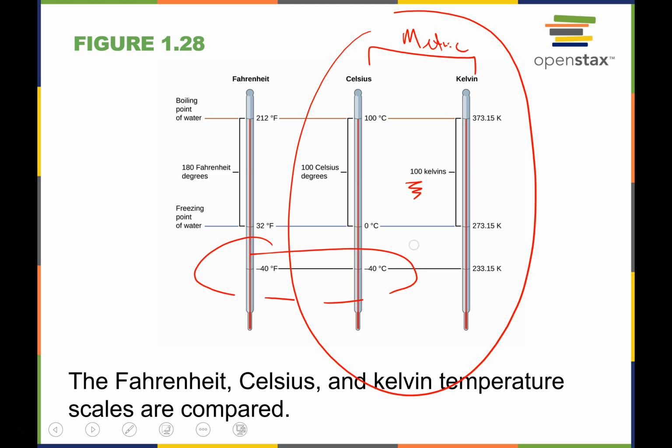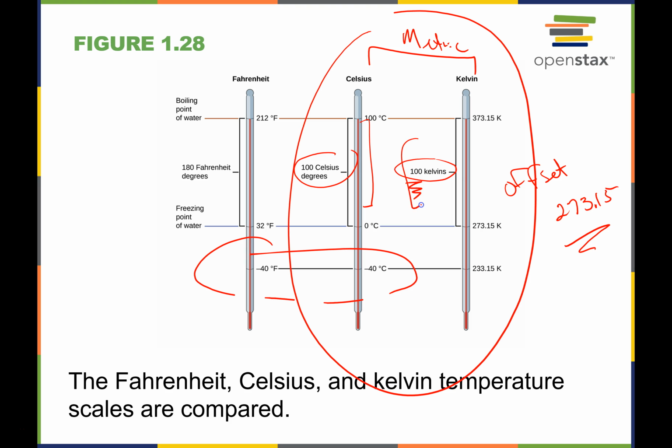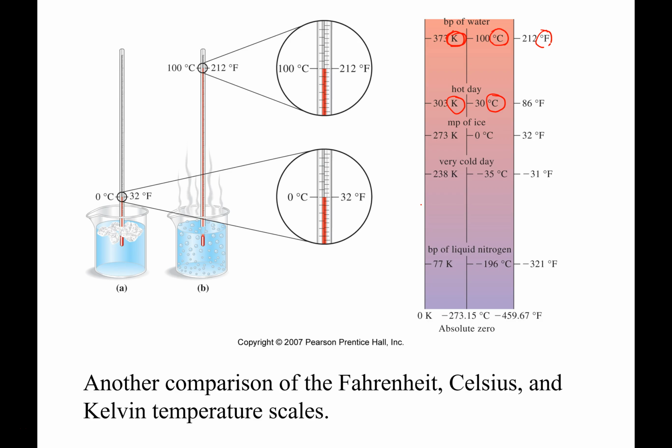Let me go back. The units are the same. They're offset by 273.15 units. So they're just saying that 100 units here is equal to 100 units here. I was like, that doesn't make sense.